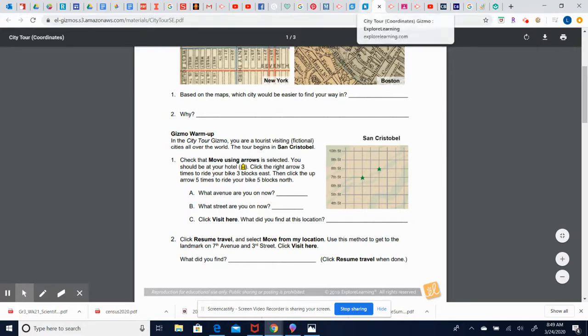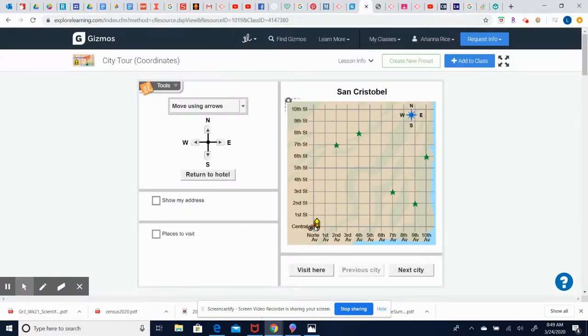Okay, let's try that out. 1, 2, 3, and then 1, 2, 3, 4. Okay, and you'll notice that we are now on 3rd and 4th, right? And what that would look like as a coordinate is 3, 4.